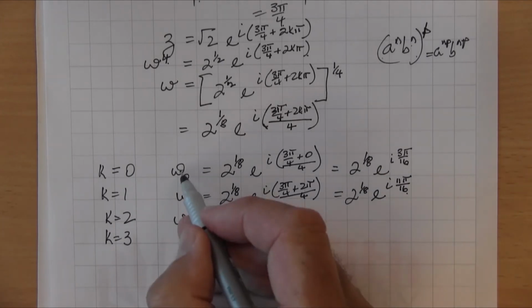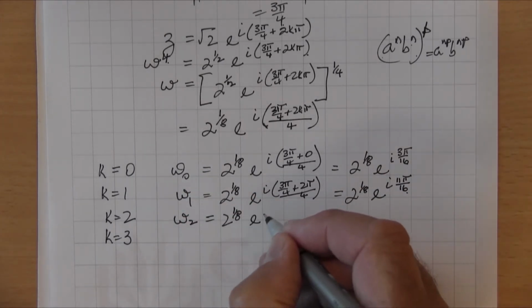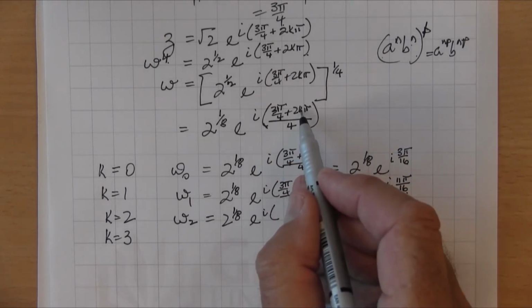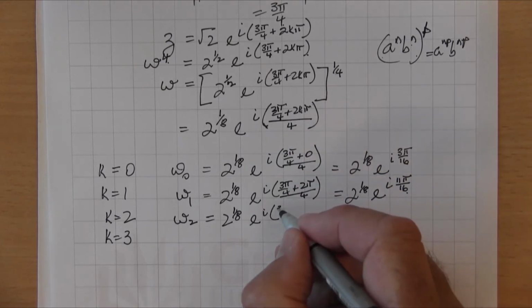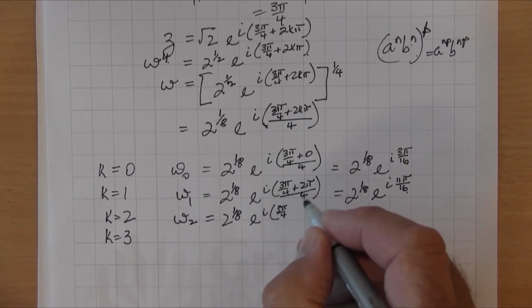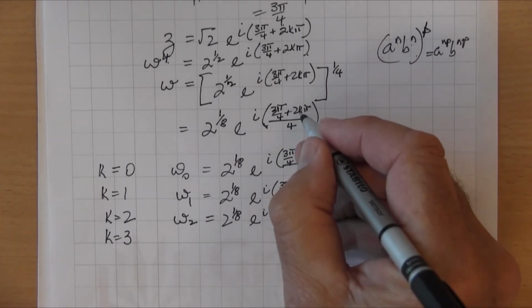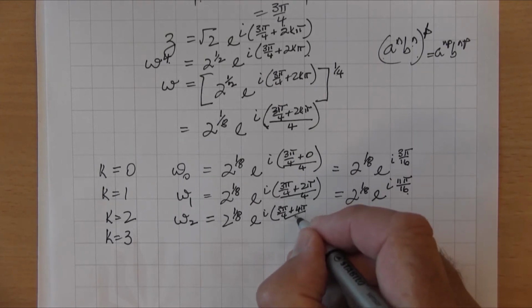And the reason is we start with 0, 1, 2, 3, so it is the third root. e to the i outside of, go back in here, and we're going to put k is equal to 2, so it'll be 3 pi on 4 plus k is equal to 2, so that'll be 4 pi all over 4.